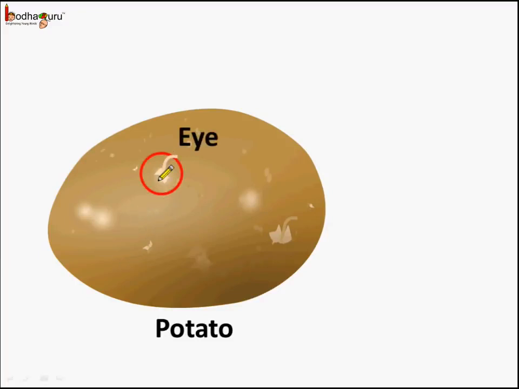So here we have an eye. Eye is nothing but a bud which can grow into a new plant. This type of underground stem which becomes swollen due to storage of food is called a tuber. So potato is an example of tuber, which is an underground stem and stores food.